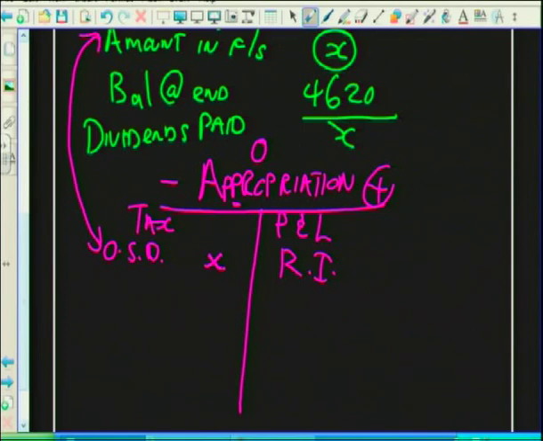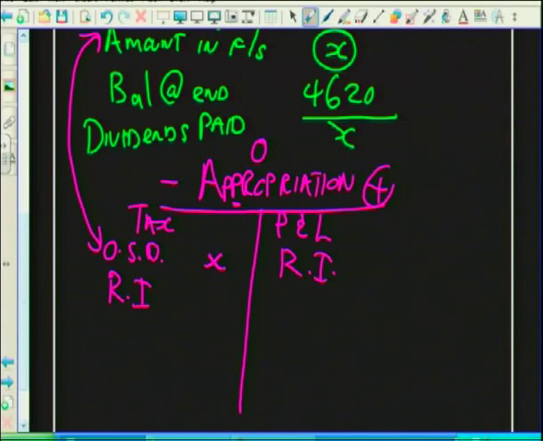So that's the X that we're trying to solve. And thereafter, whatever is not appropriated is retained. So we have our retained income at the end of the year. Okay, guys, you with me? All we're going to do is we're going to fill in this T account and we are going to solve for this X. So let's do that.